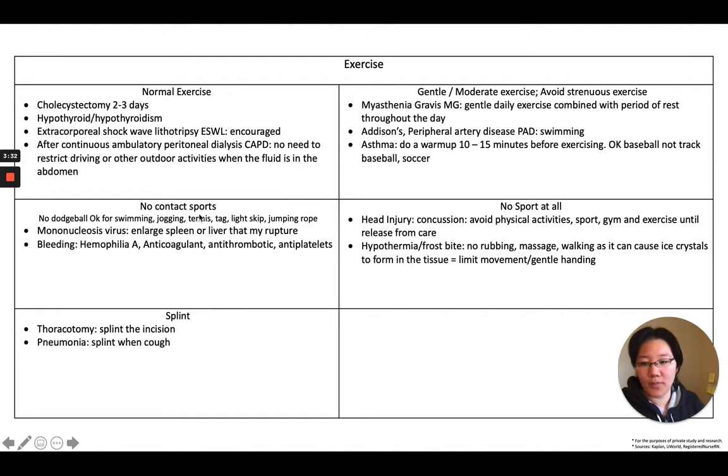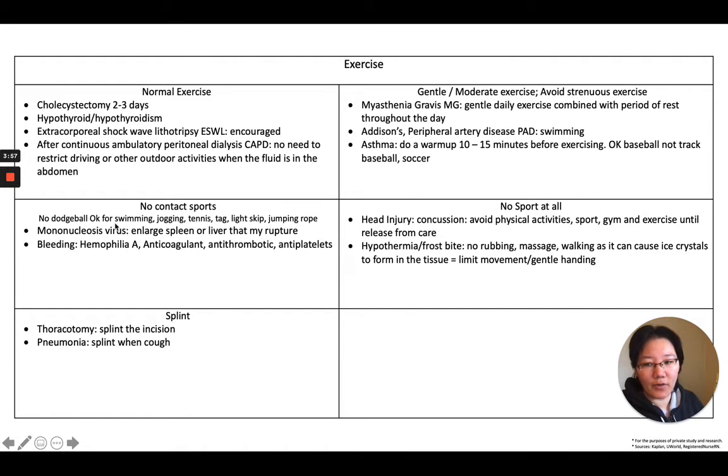No contact sports such as bleeding conditions, patients on anticoagulants, antiplatelets. Now, no contact sports, I say no dodgeball, but it's okay for the following activity, because the question could say patients on anticoagulants and antiplatelets.